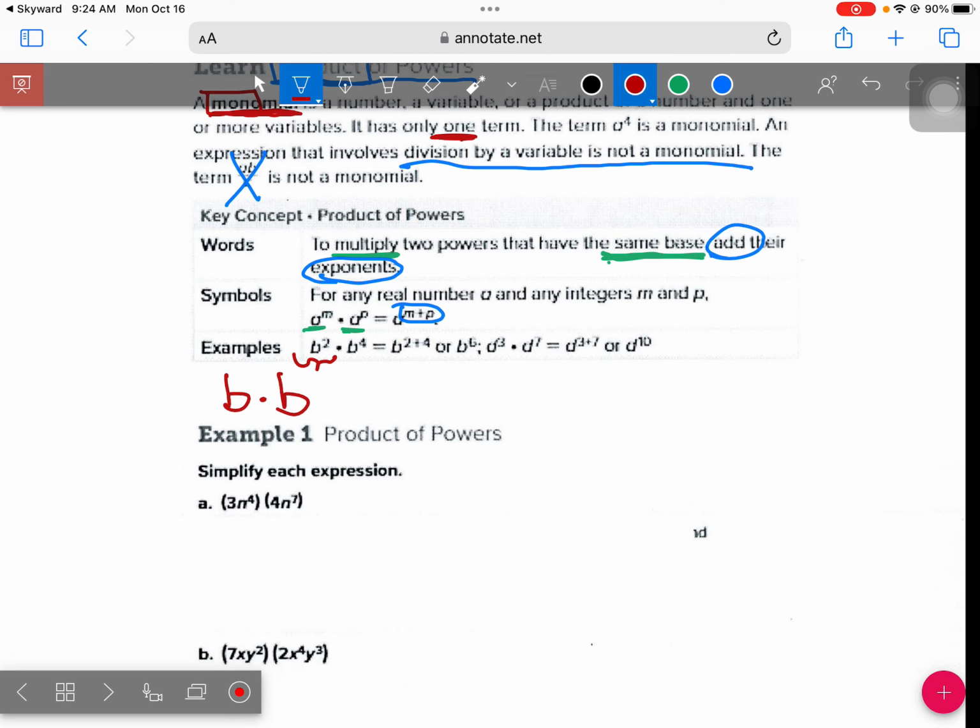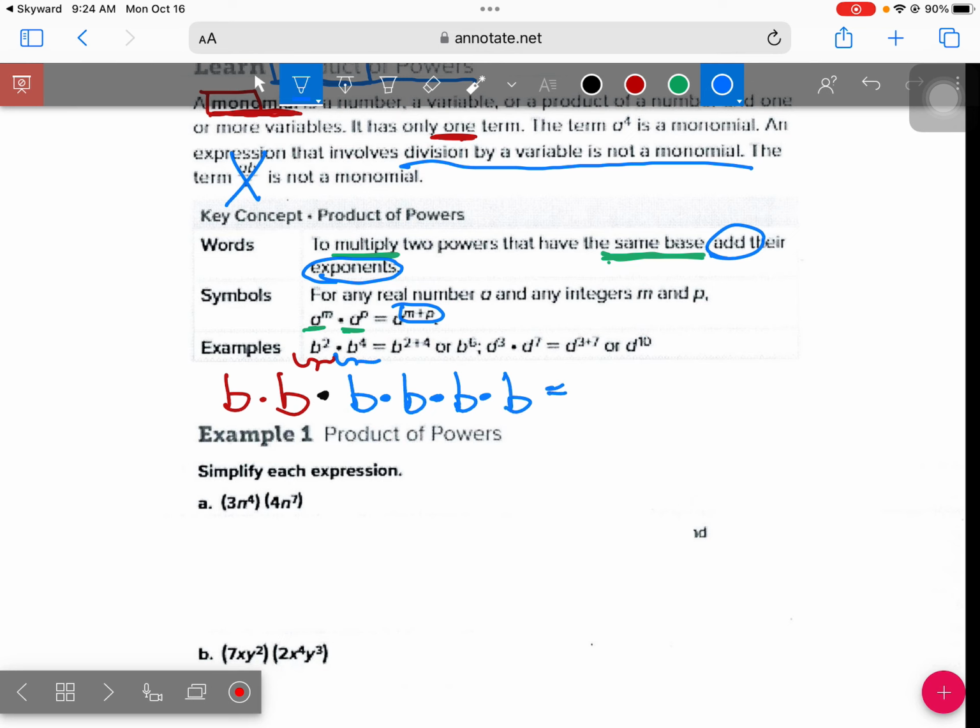So b squared is b times b, right? And this dot says times, so we're multiplying again, b to the 4th, which means I'm multiplying b times itself 4 times, right? So 1, 2, 3, 4.